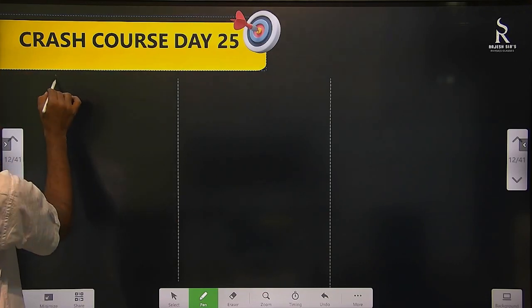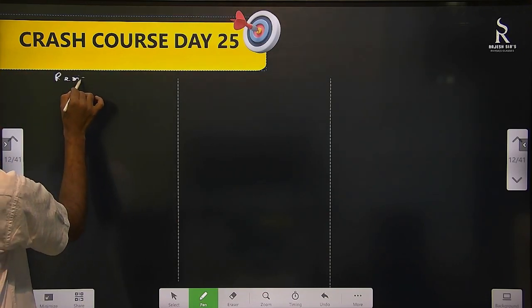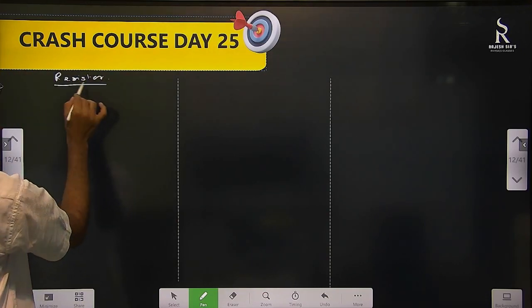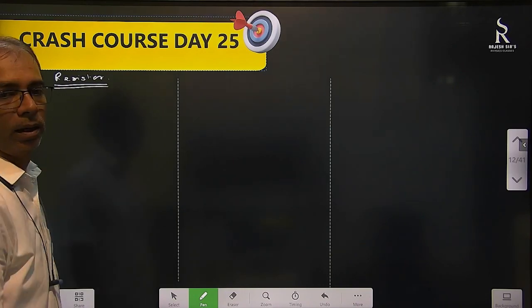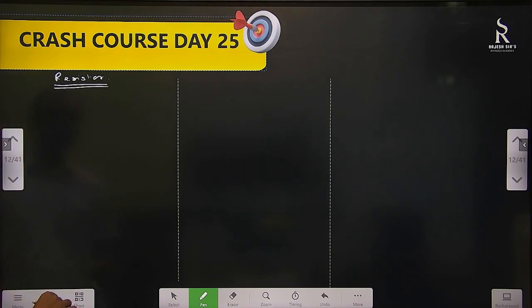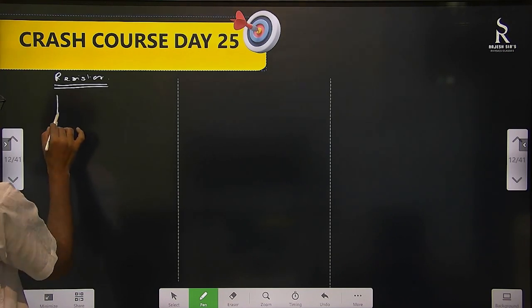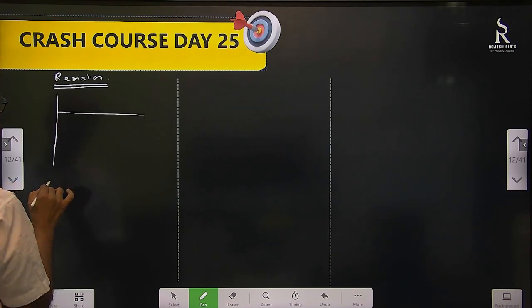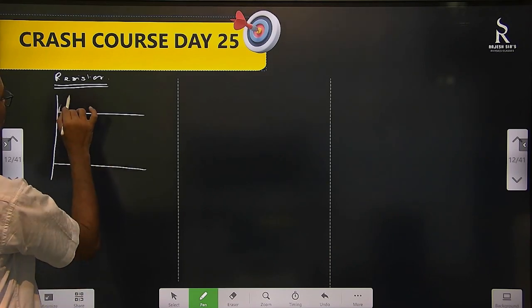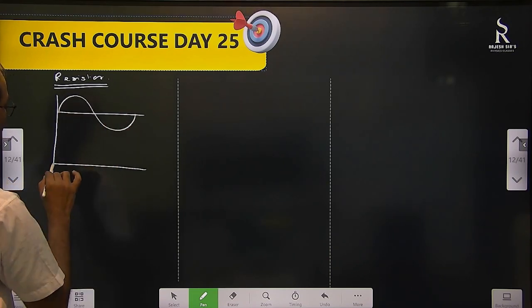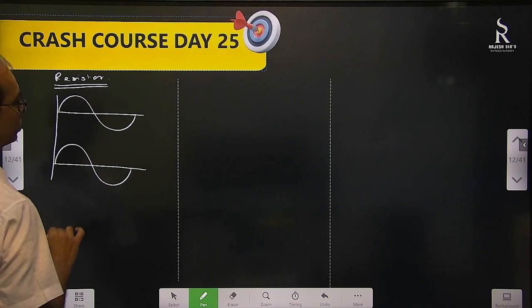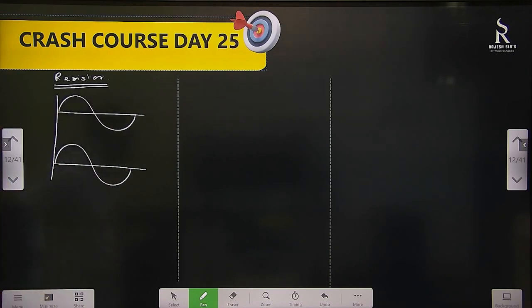So here, resistor. As we said, there is no phase difference between current and potential drop in this one, so we can make it in the same way. Two graphs if you have to make, this is for V and this is for I. There is no difference in that.